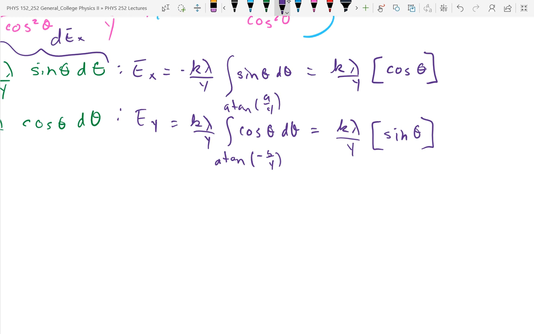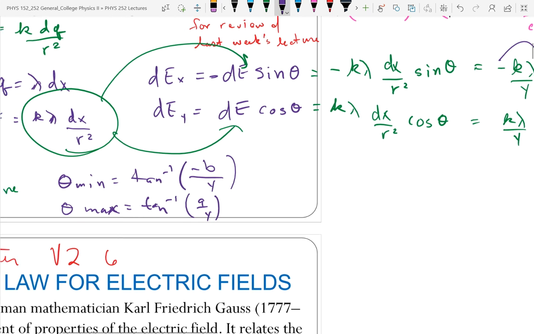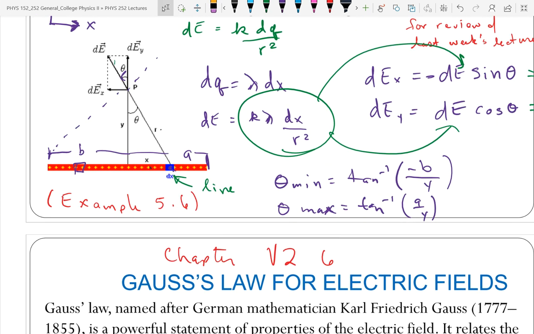Because this one is cosine, I'm going to come back to the picture and just figure out what cosine is at maximum and cosine at minimum. So the cosine is going to be positive in both cases. And cosine maximum would be y over the square root of b squared plus y squared.